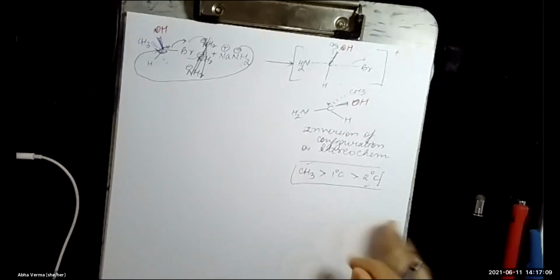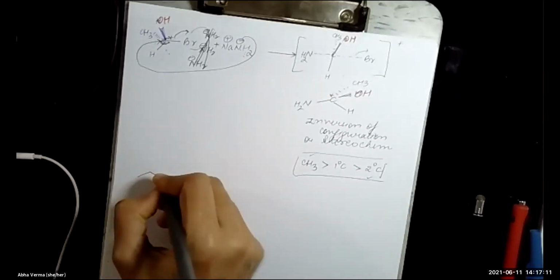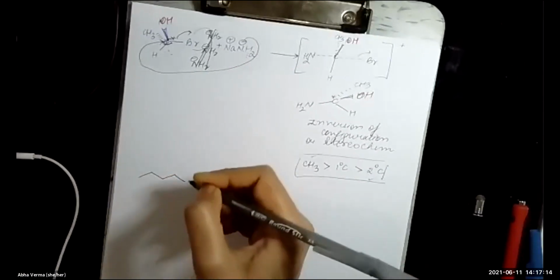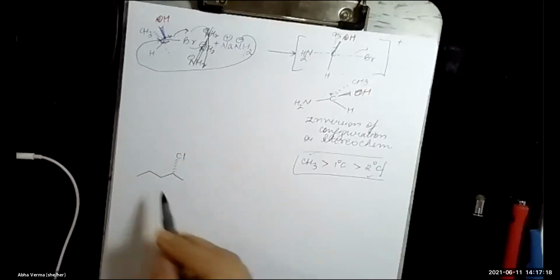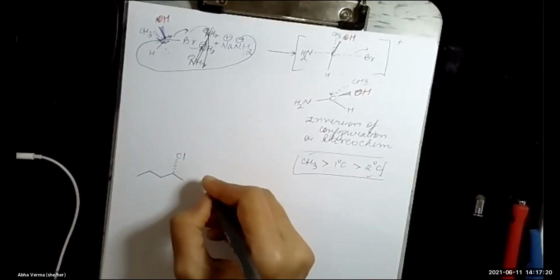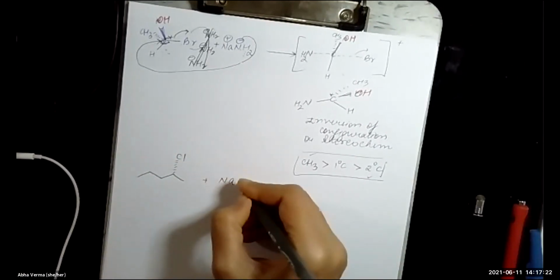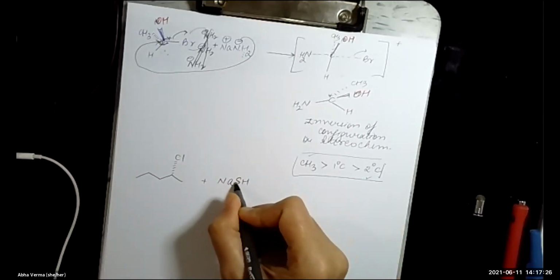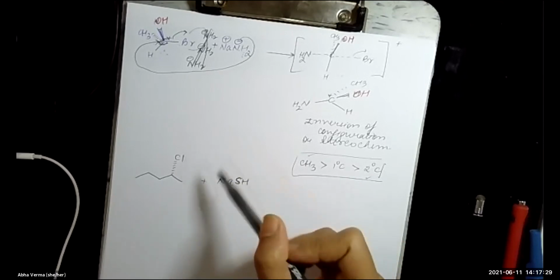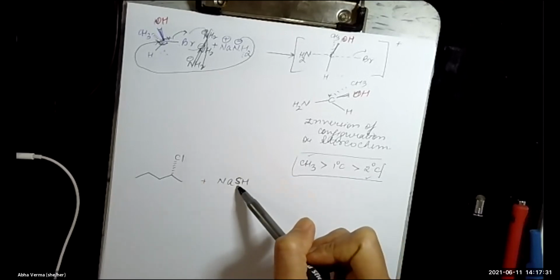Let's do another example here before we move on to the other group. Let's say I have this structure and I have NaSH. A few minutes ago, I had used CH3SH.